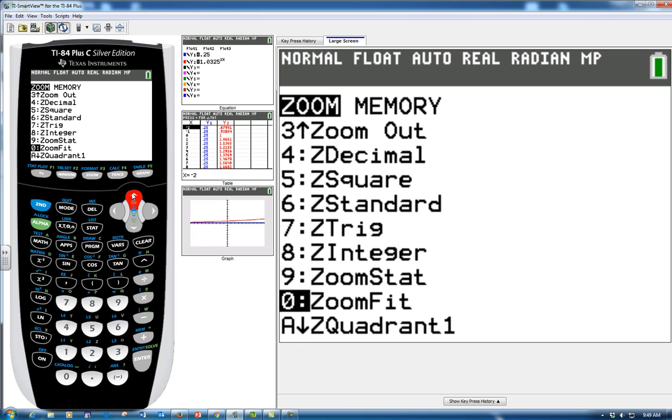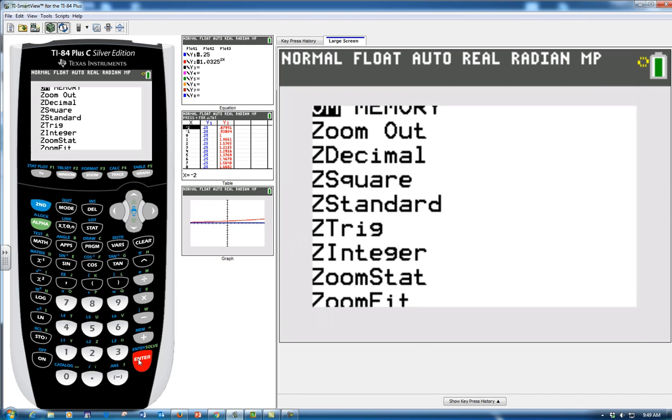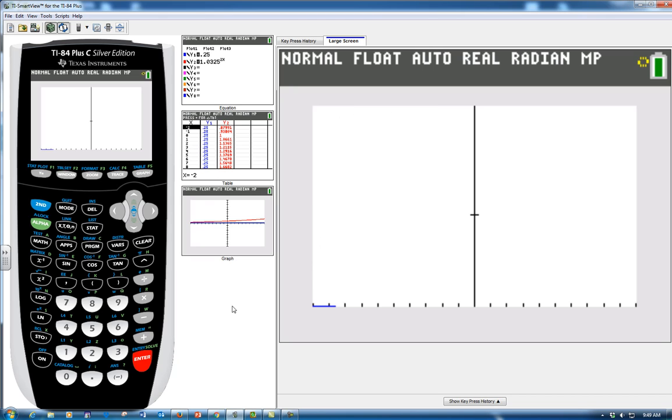I think I'm going to go into zoom fit, and then it shows you on the screen where these two graphs fit together. Once it finishes graphing, we can see a better view of the graph, but we can't see where it crosses.